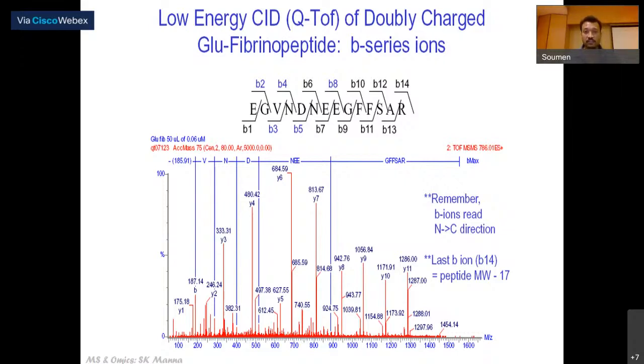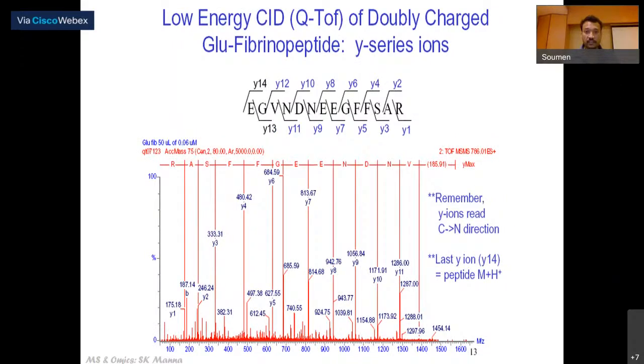So you have basically these B ions. This is the B ion series. And here is the Y ion series from the same peptide. So by confirming this, you can actually get a reasonable idea of what the sequence of this is.